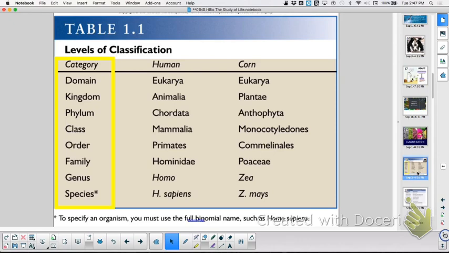How many domains are there? 3 domains. What domain are you in? Eukarya. Domain, Eukarya. Kingdom, Animalia, because animal kingdom. Domain, kingdom, phylum. Phylum, we remember PC, Chordata. Domain, kingdom, phylum, class. What class are we in? Look at all the mammals. Class, then what comes next?